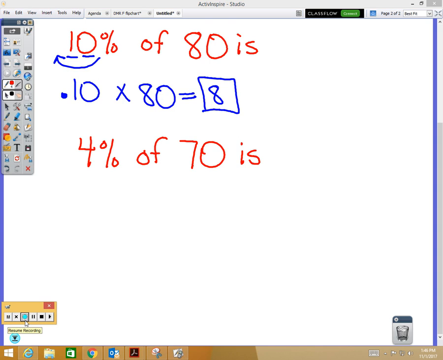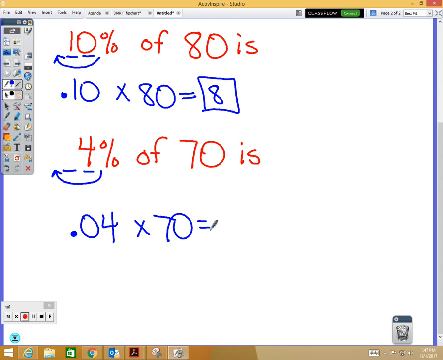Now, if you wrote out the problem, then we can quickly see what you did wrong. When you wrote out the problem, you should have moved the decimal not 1 place, because you have 1 digit, but 2 places, because it's always 2 places no matter what. So it should have been 0.04 times 70. 0.04. Some of you did 0.4.